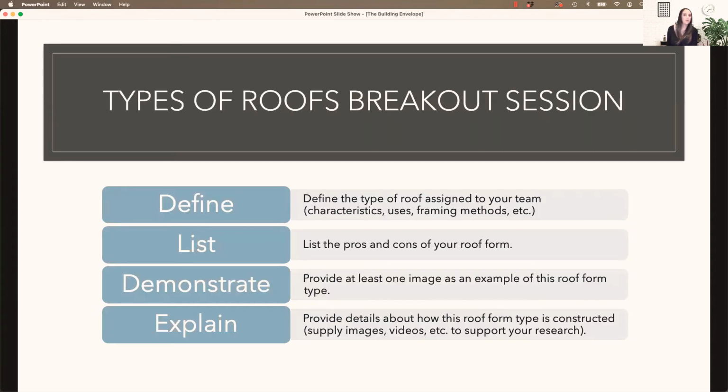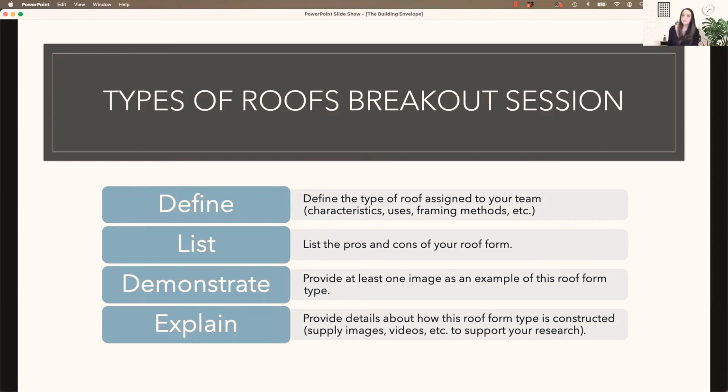When you're in your breakout group, I'd like you to define the type of roof that you have. So what are its characteristics, its uses, its framing methods, find out what the pros and cons are for the roof form, find at least one image to provide as an example of the roof form, and then provide details of how it is constructed.